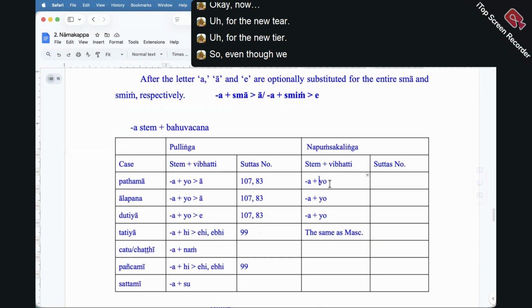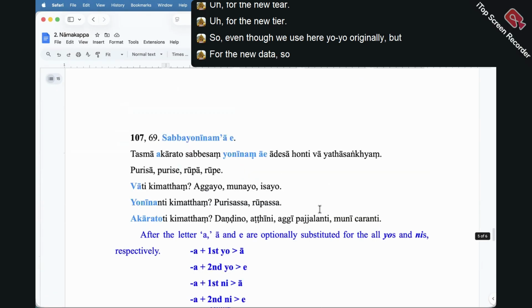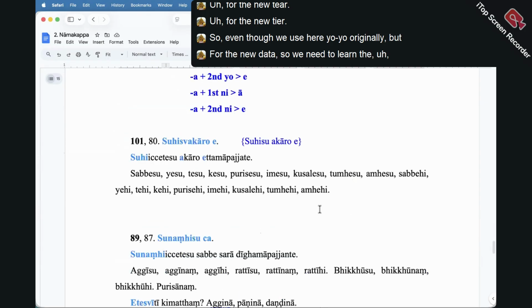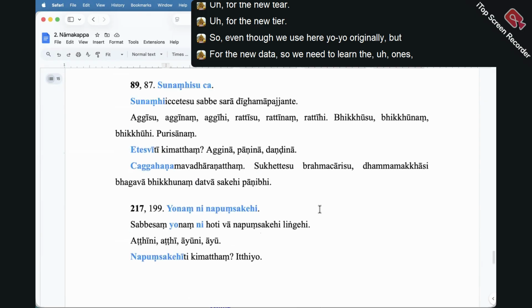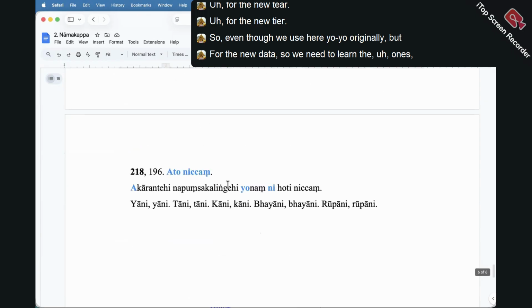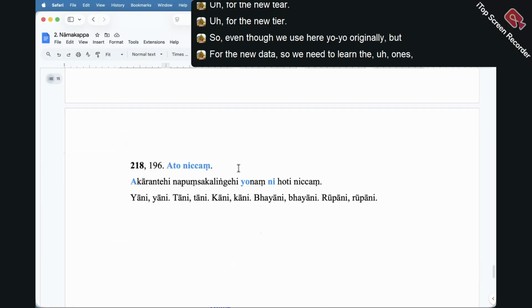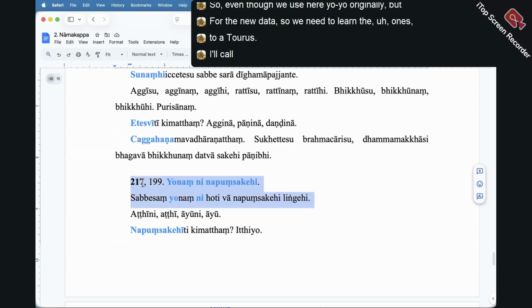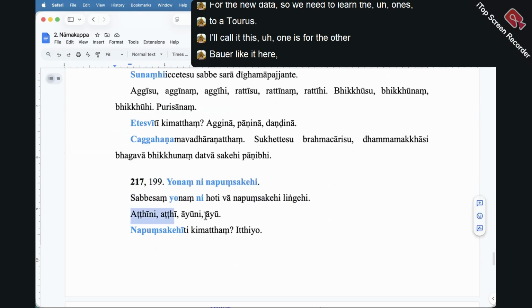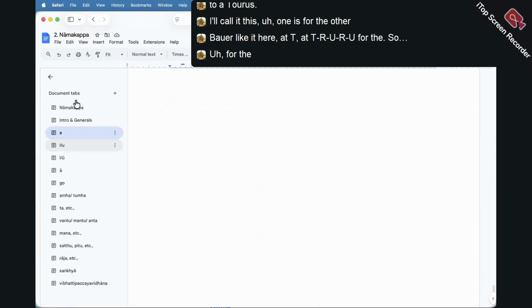So even though we use the yo here originally, for the neuter we need to learn two rules. Actually, this one is for the other vowels, like the i and u.